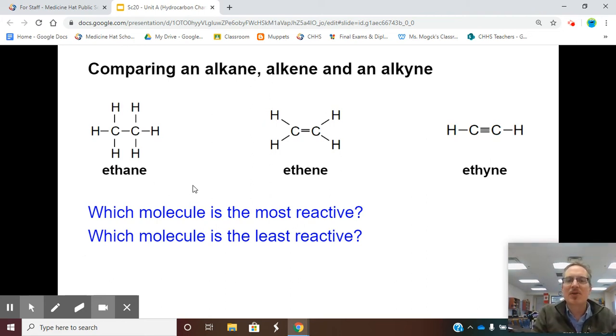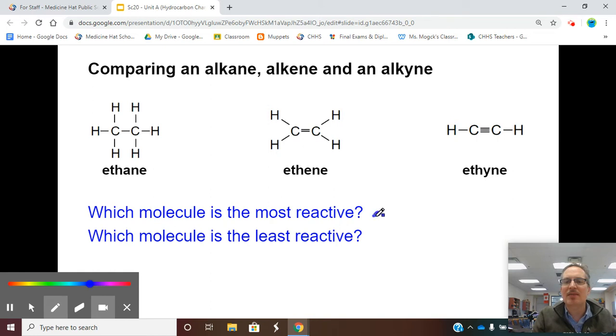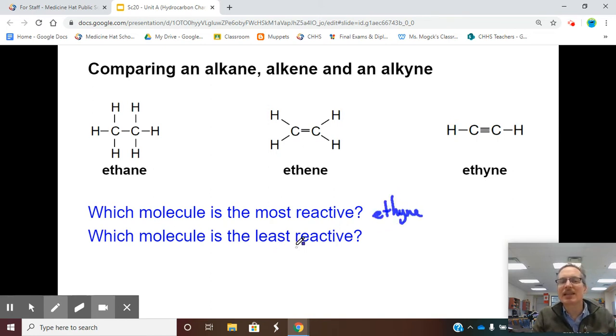So the molecule that is the most reactive for sure is the one with the triple bond. So that is going to be ethyne. And the molecule that is the least reactive is for sure going to be ethane. So it's the difference between least reactive is the one that is saturated, most reactive is the one that is unsaturated.